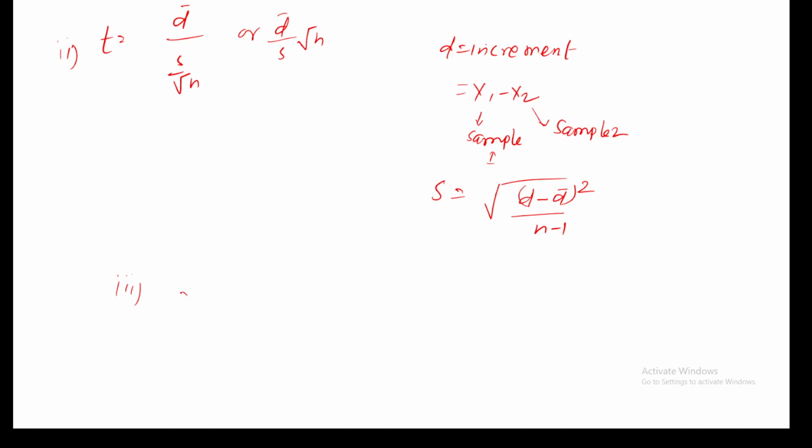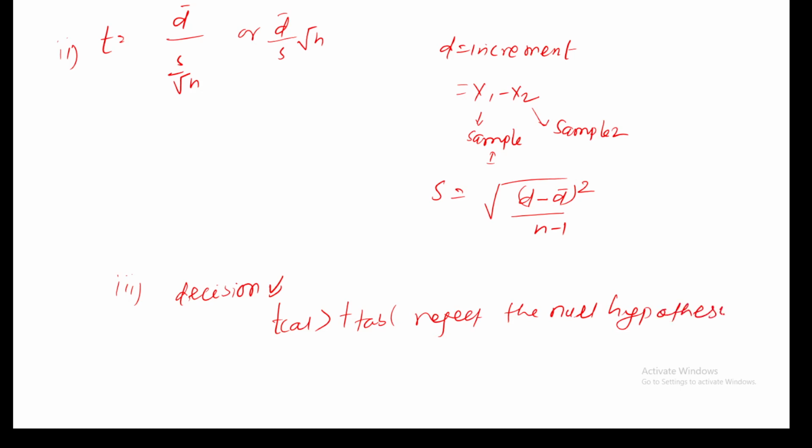The third step will be the decision, that will be the same. If t calculated is greater than t tabulated, we have to reject the null hypothesis, and if t calculated is less than t tabulated, accept H naught.